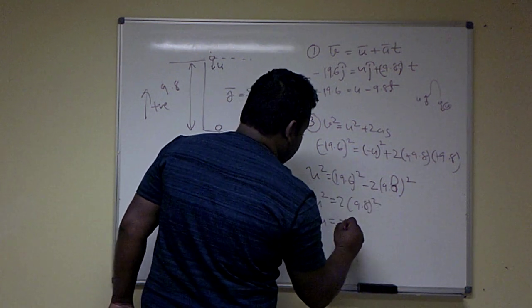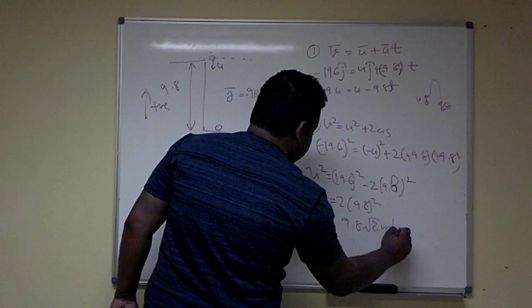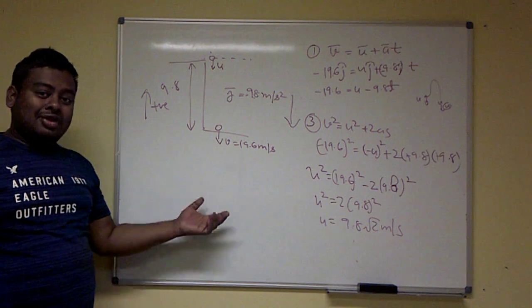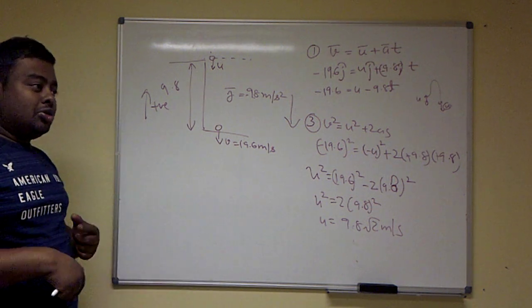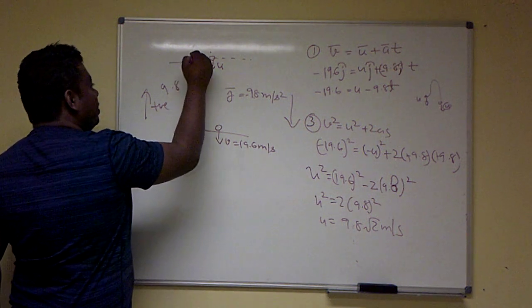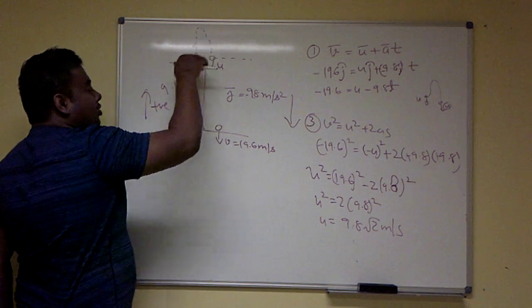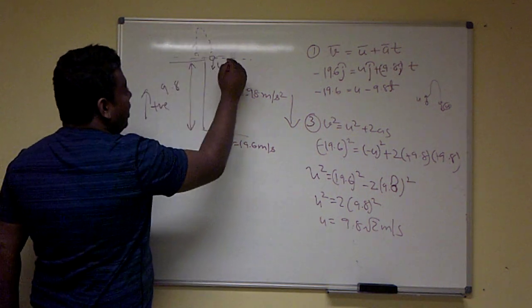Your u value will be 9.8 root 2 meters per second, which is the same as we expected and was the case earlier. So no matter how you throw it up or down, due to the symmetry, when it comes back it will achieve the same velocity for the same height.